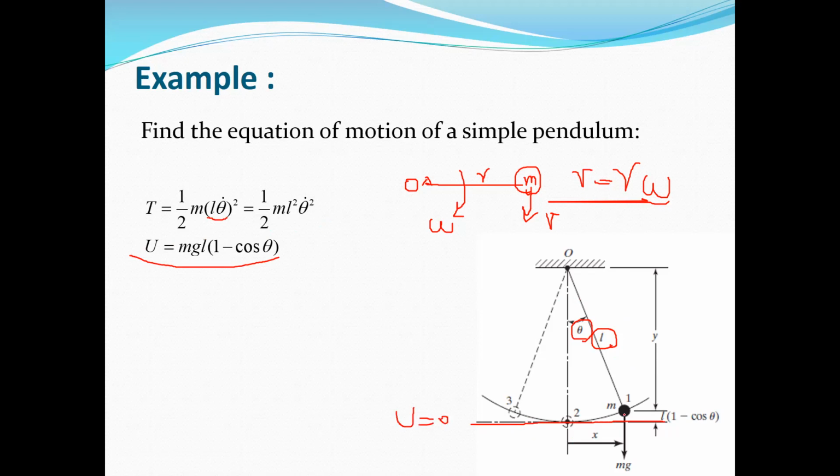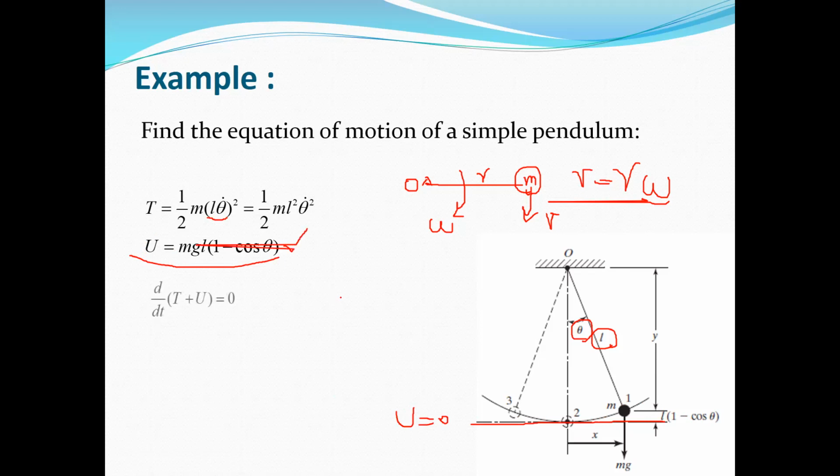So the potential energy of this mass at the location when it's in theta position is L times 1 minus cosine theta above the datum level. So h is equal to L times 1 minus cosine theta. Okay, so we can substitute here, and this is the potential energy.